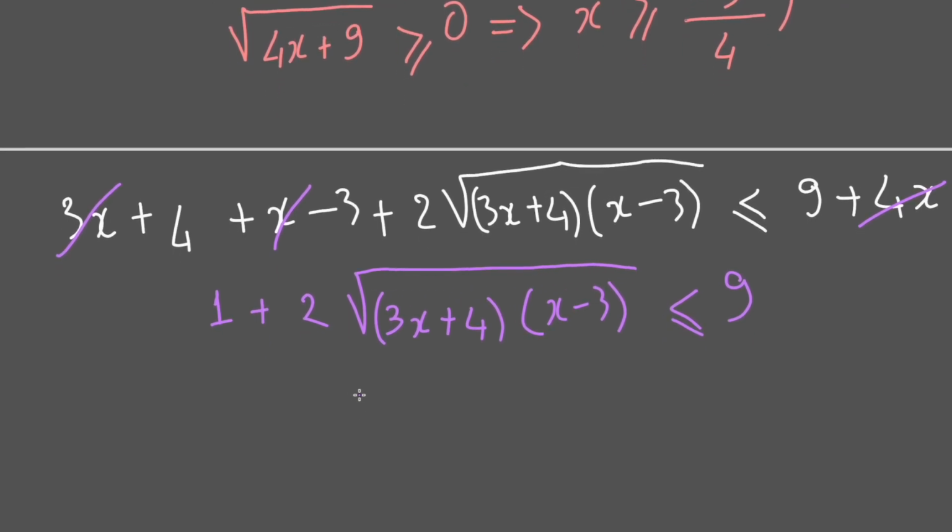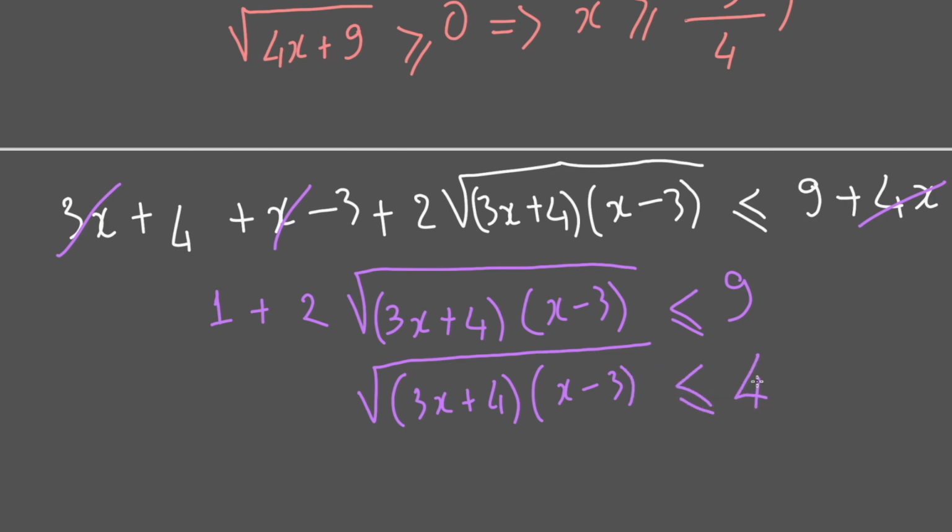Then we will have 3x plus 4 times x minus 3 smaller than 4. Now look at this. The left hand side and the right hand side will again be greater than 0, but for now you have to put another condition for x.